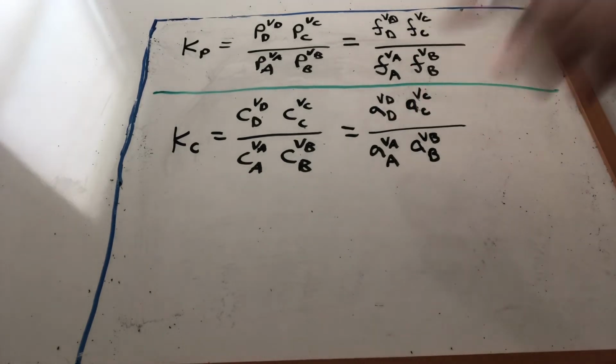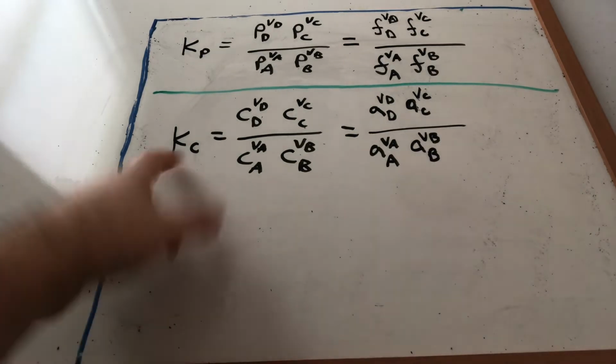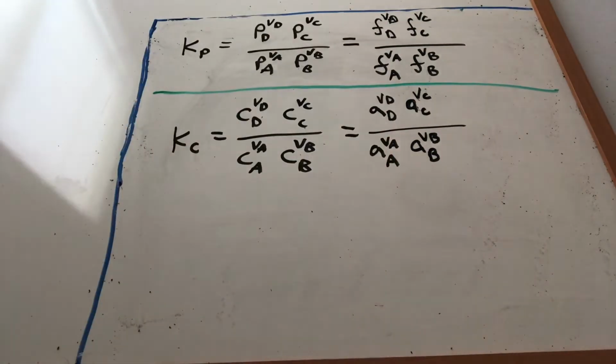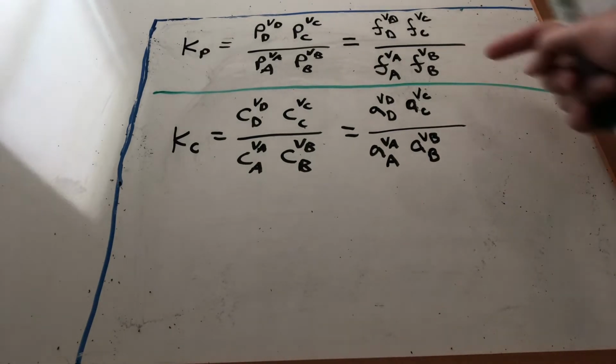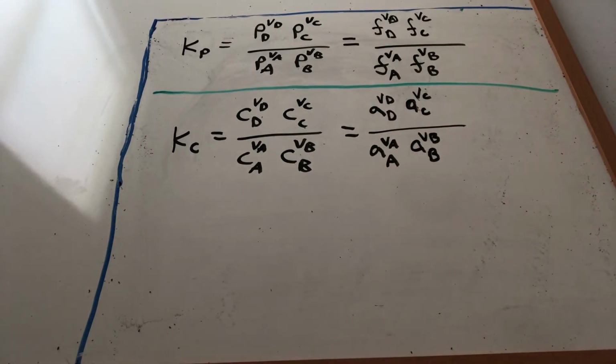And instead of using concentrations for Kc and equilibrium problems involving Kc, we should be using activities. And here you also see something I referenced earlier, why we say fugacities are the activities of gases: they do the same thing that activities do for concentrations.